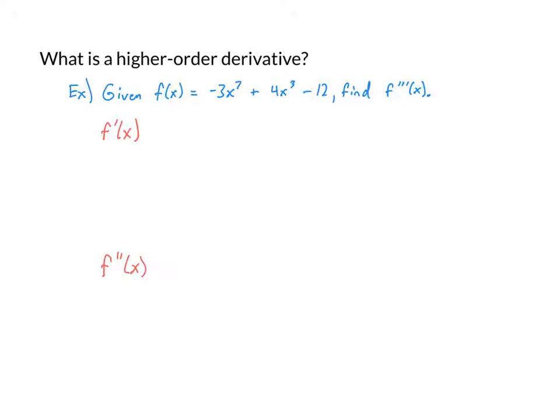And then once we are able to find out what the derivative of the first derivative is, we would have what's called the second derivative. And then that second derivative, or f double prime of x, we would differentiate in order to find the third derivative, f triple prime of x. Does that make some sense? Let's try it out.